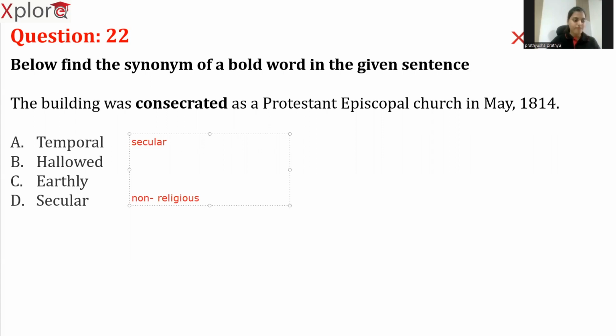So earthly. What is the meaning of earthly? It is a general term which refers to the earth or human life, just normal life. Earthly meaning relating or related to the earth or human life.